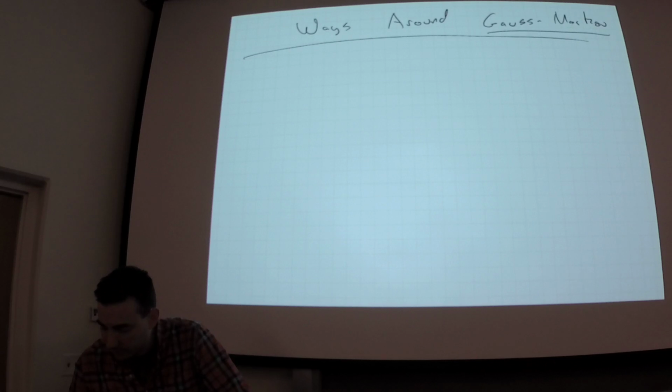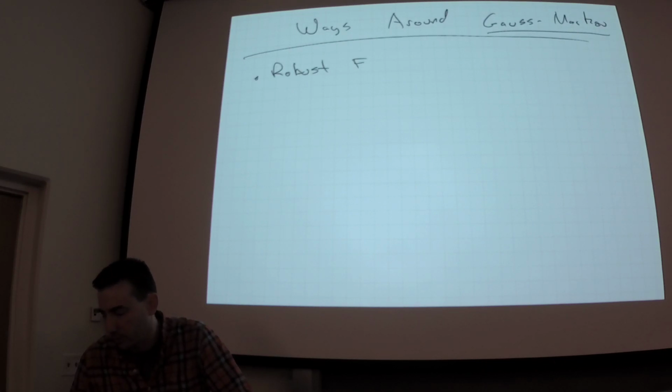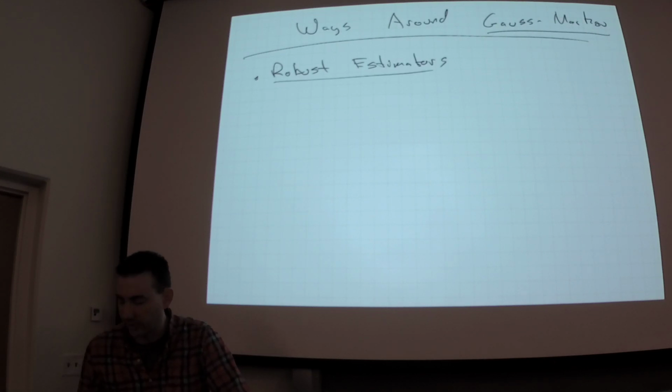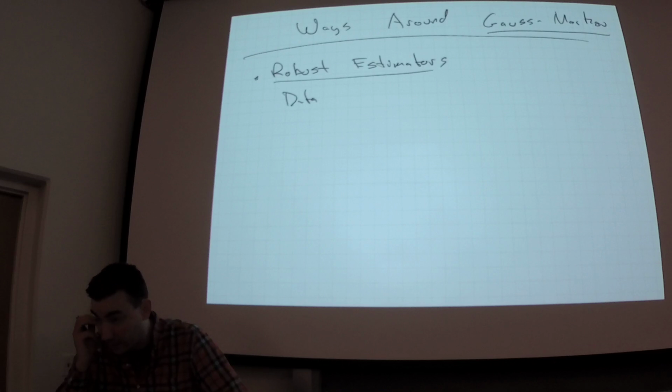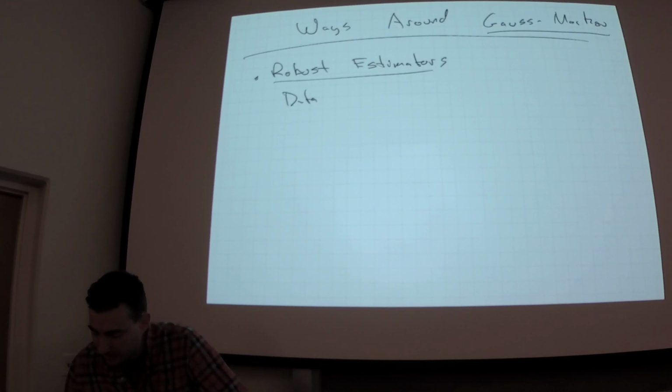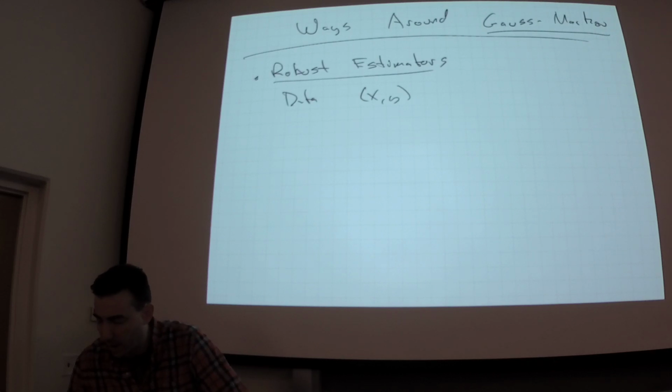So the first one is these robust estimators.